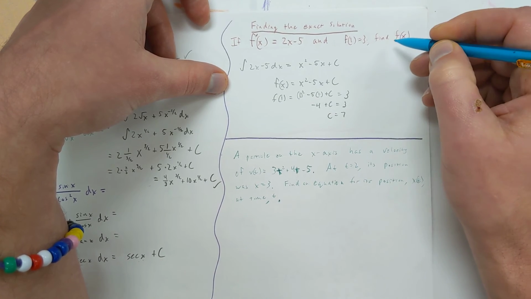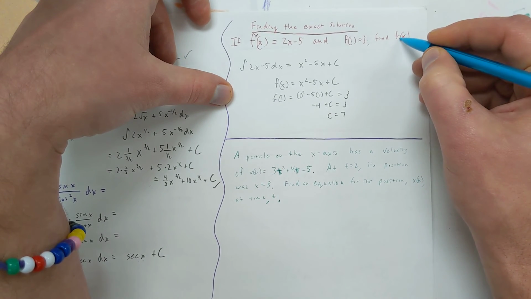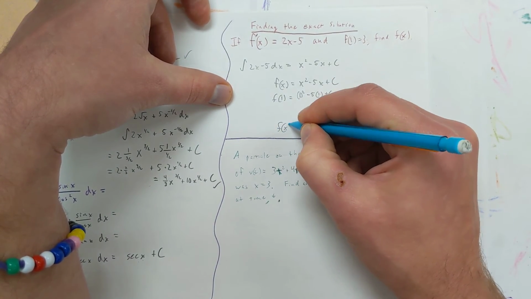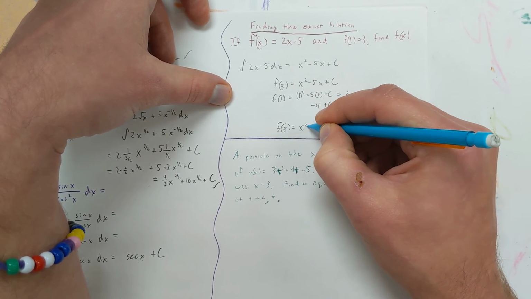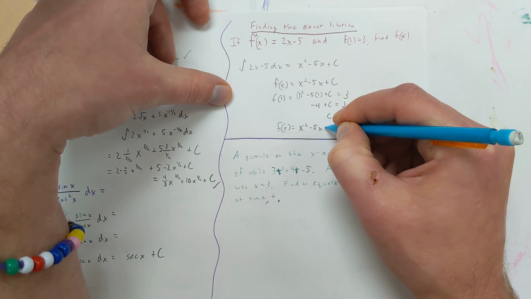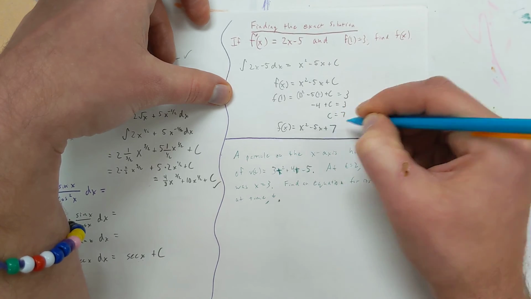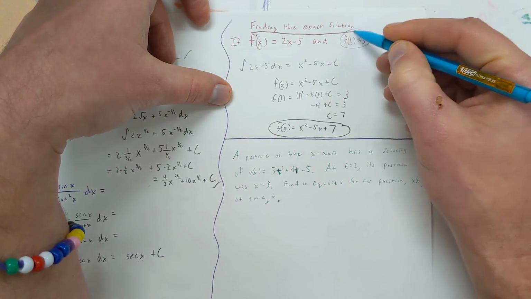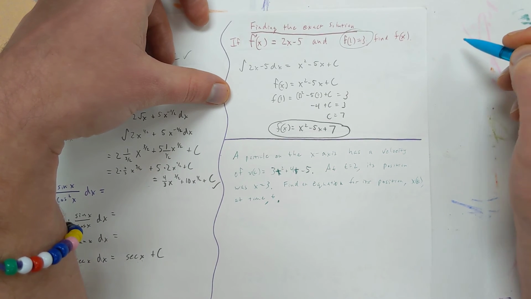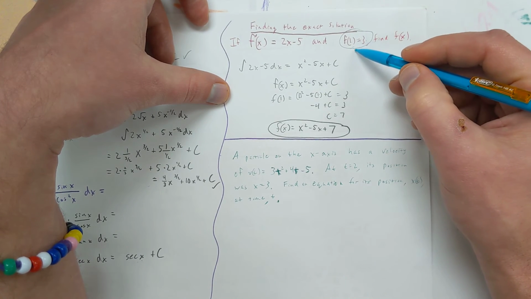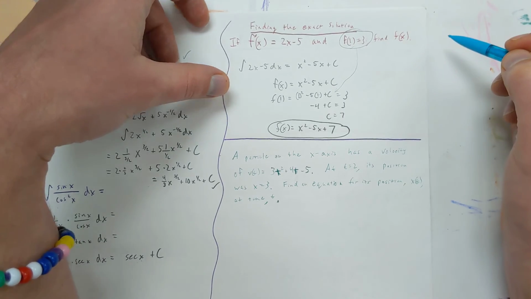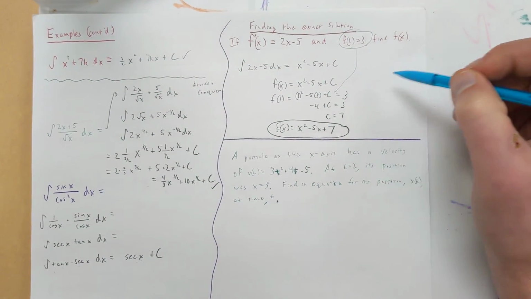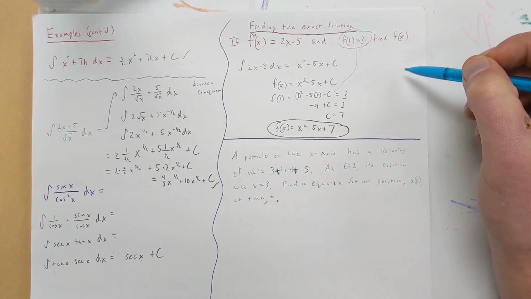So for this problem, find f of x. F of x is equal to x squared minus 5x plus 7. So we're going to use whatever number they gave us, plug it into our f of x to find that c value. Okay.